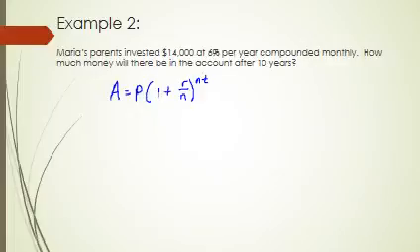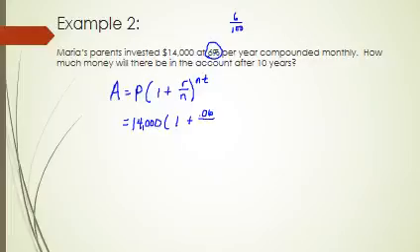Okay, so our initial amount, the amount that was invested, our principal, is $14,000. 1 plus our rate is 6%. So one more time, we have to take this and change it to a decimal. So that'd be 6 divided by 100, or move the decimal back 2 places and you get 0.06.